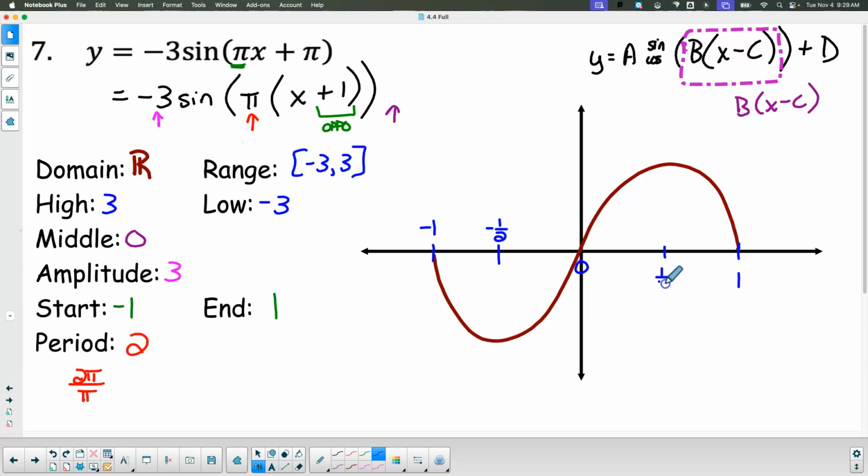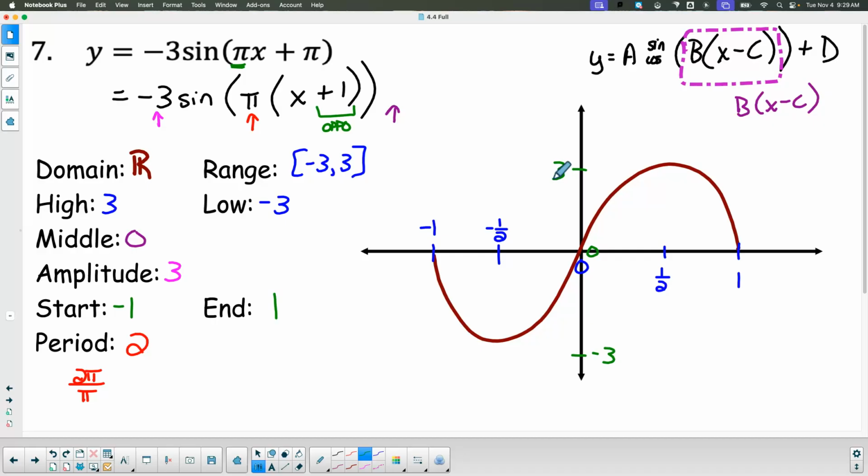Halfway would be +1/2. Maximum of 1. Middle of 0. Minimum of -1. Oops, it's 3. Sorry about that. Yes, you are correct. My fault. 3 and -3. Good?